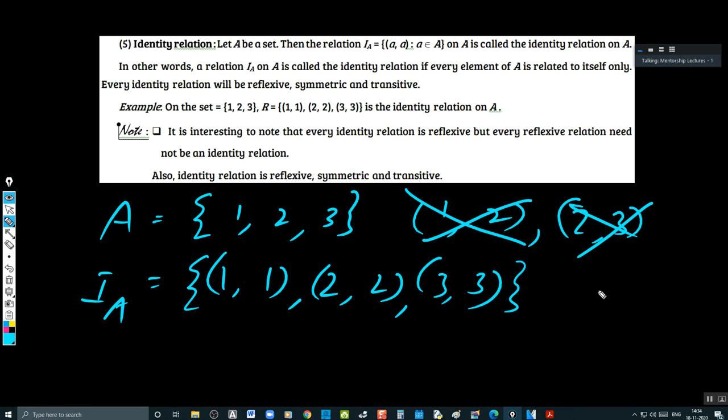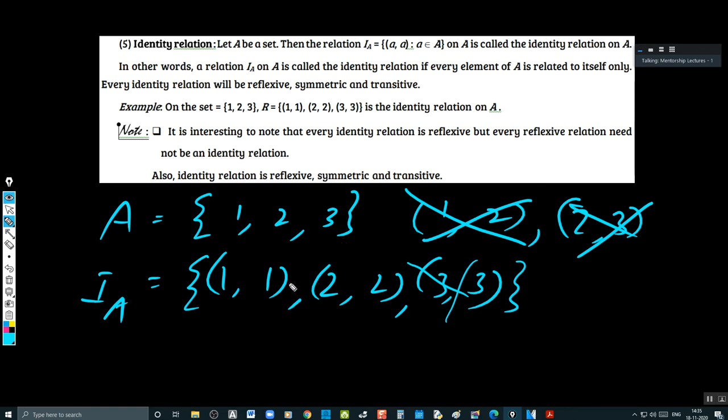So what is the difference between the reflexive relation and identity relation? In the identity relation, you must have a reflection of every element present in the set. If 1 is there, 1,1 must be there, if 2 is there, 2,2 must be there, and if 3 is there, 3,3 must be there. If 3,3 is not there, this will not be identity. If you have 4 also, you must have 4,4 also. But in reflexive relation, it is not like that.